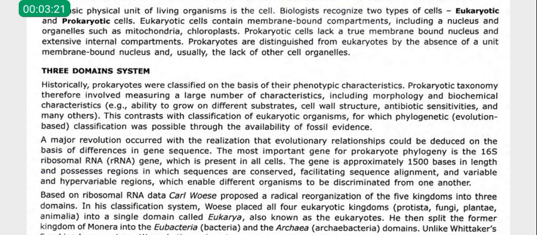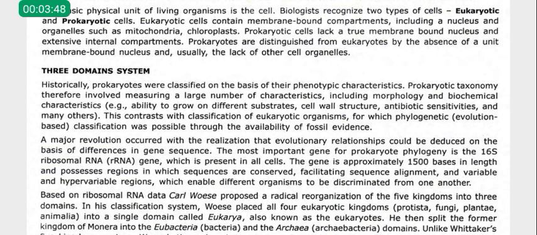Based on ribosomal RNA data, Carl Woese proposed a radical reorganization of the 5 kingdoms into 3 domains. In his classification system, Woese, I am not sure about the pronunciation, placed all 4 eukaryotic kingdoms, Protista, fungi, plantae, animalia, into a single domain called eukarya, also known as eukaryotes.